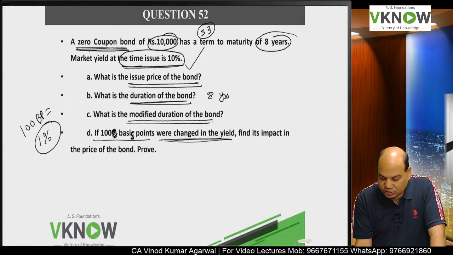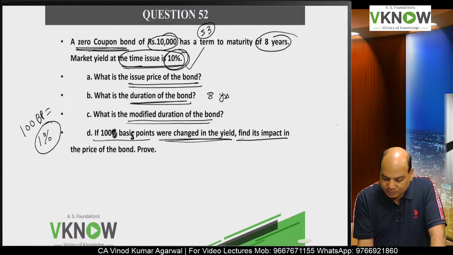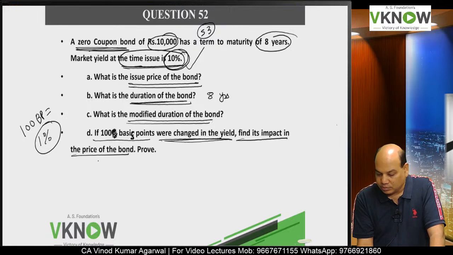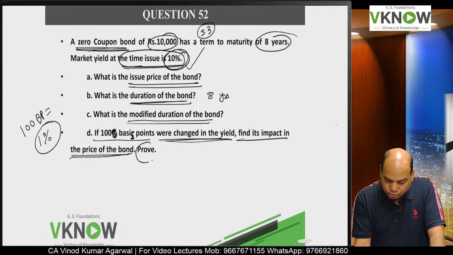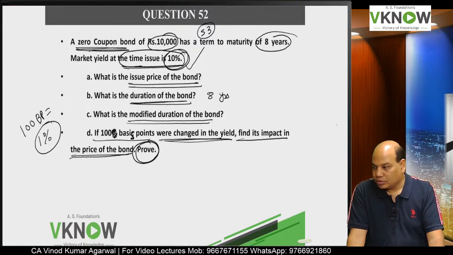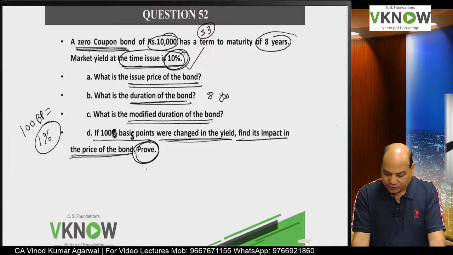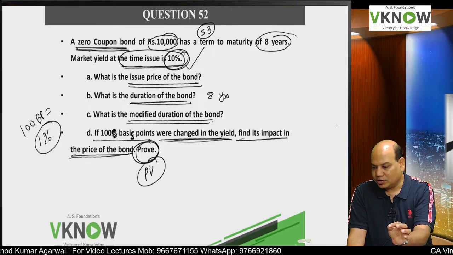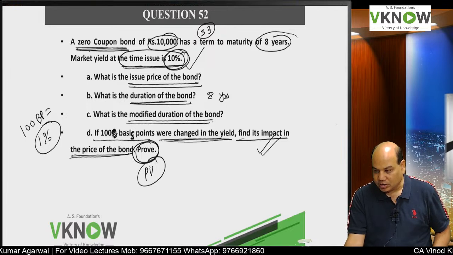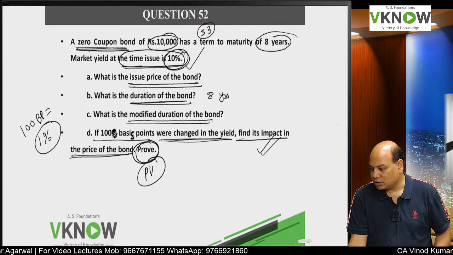So if the yield changes from 10% to 11%, find its impact on the price of the bond. By what percentage will the bond price change, and then you have to prove it also. That means using present value, you have to prove that the bond price has changed by so much percentage as you have mentioned in your answer.